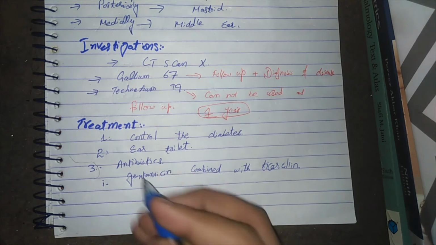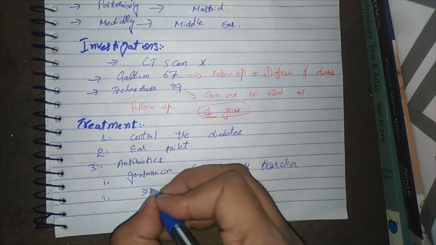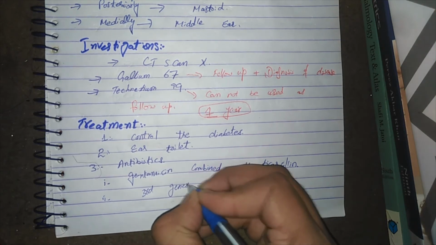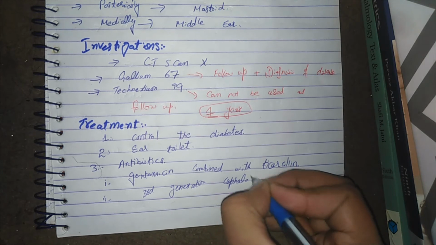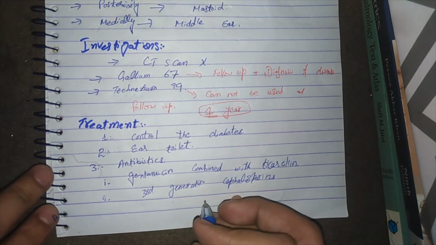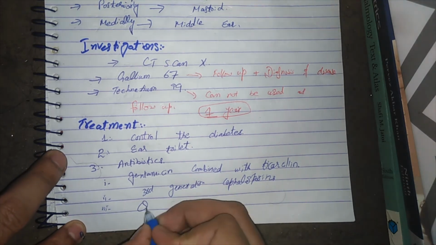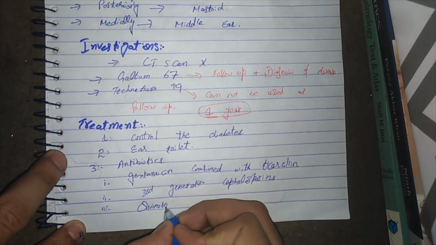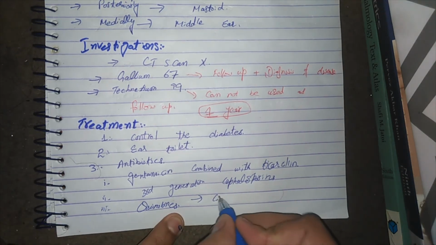Then we can also give third generation cephalosporins. We can also give quinolones. Quinolones include ciprofloxacin.